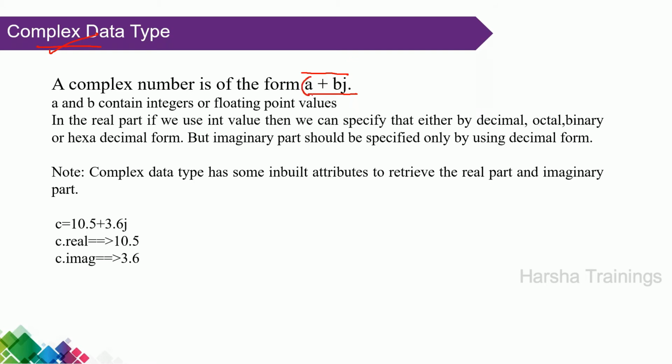Remember, in a plus bj, a is called the real part and b is called the imaginary part. Here a and b are either integer values or floating values; there is no restriction. In the real part, we can use a decimal number, octal number, binary number, or hexadecimal number.